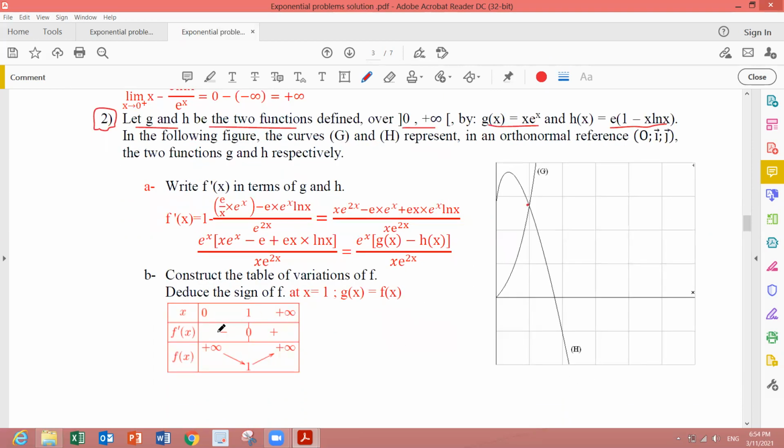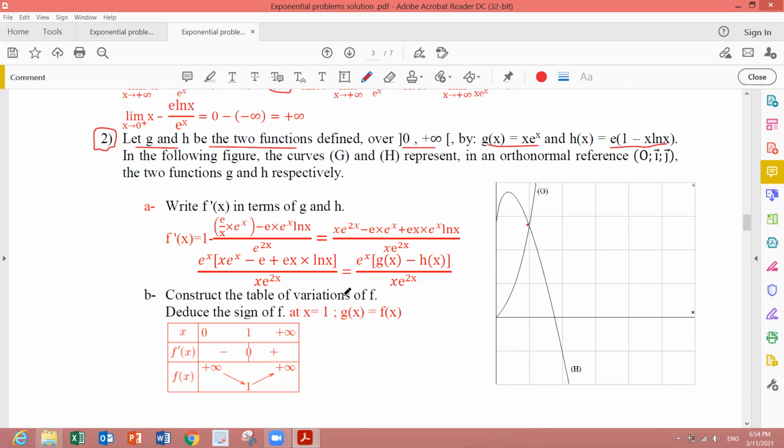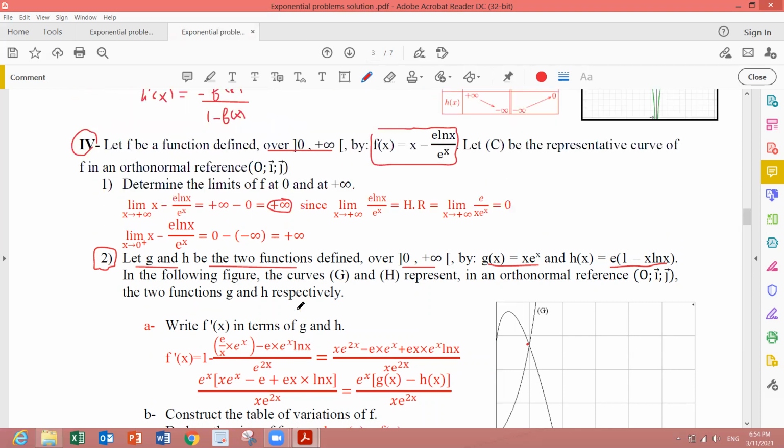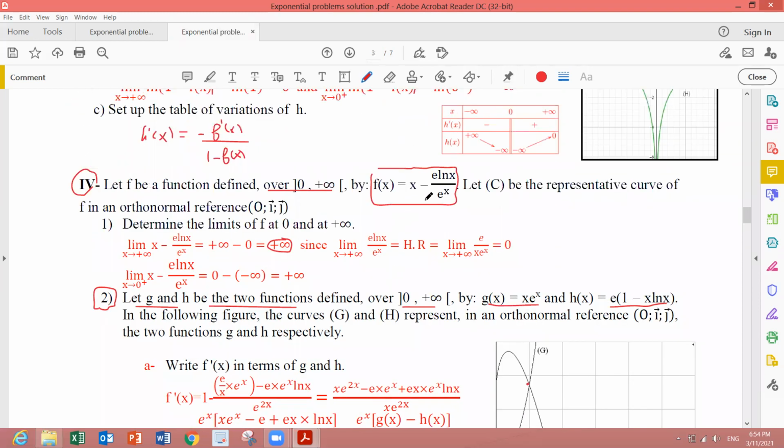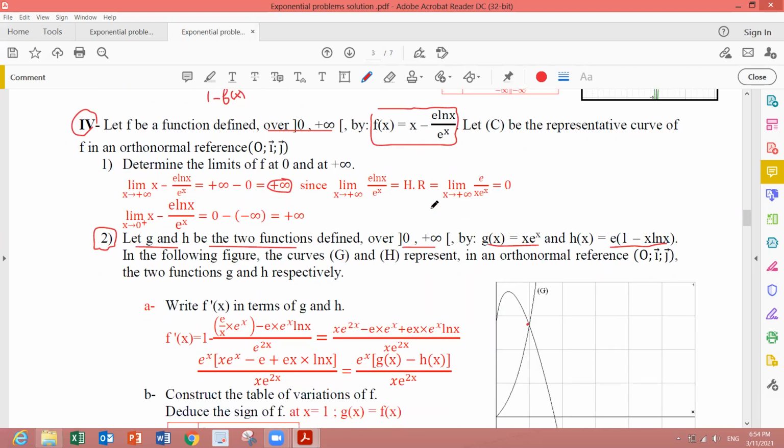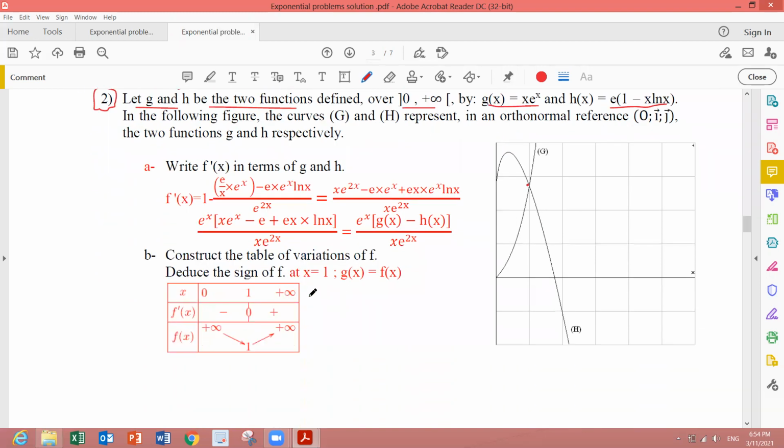So here we put negative, here we put positive. Or if you like, you can take a value greater than 1 and replace it in f prime. You know it is positive, for example x equal to 2: minus e ln 2 over e squared, it will be positive. So here positive, here negative, or graphically.